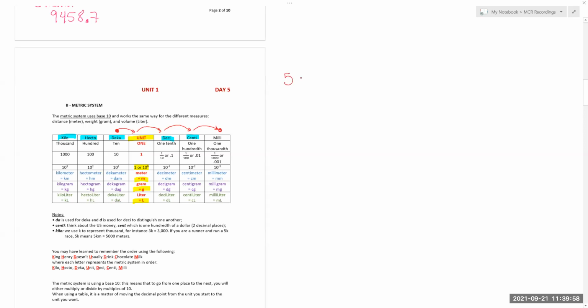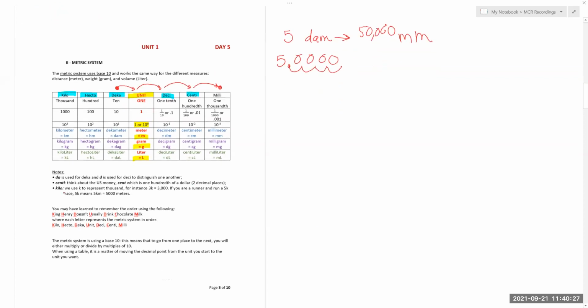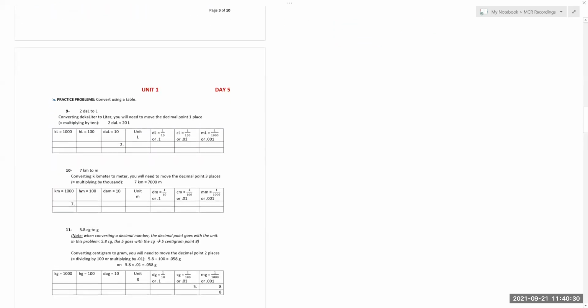So if I had 5 decameters, which is DAM, and I wanted to convert it to millimeters, then I move it 1, 2, 3, 4. So it's 50,000 millimeters, and it moves in the direction you're moving it. So whichever way you move it, that's where you move your decimal. So that's kind of the cool part.